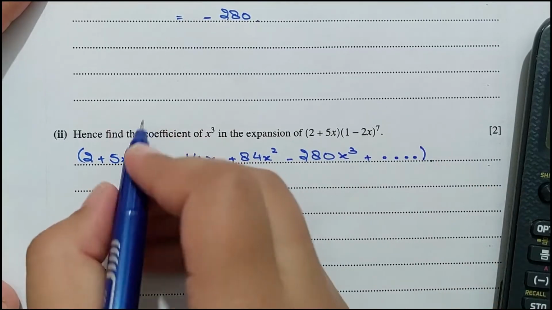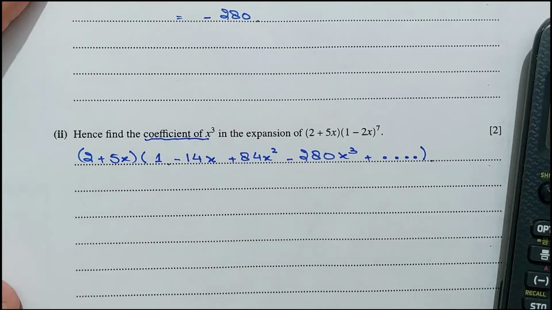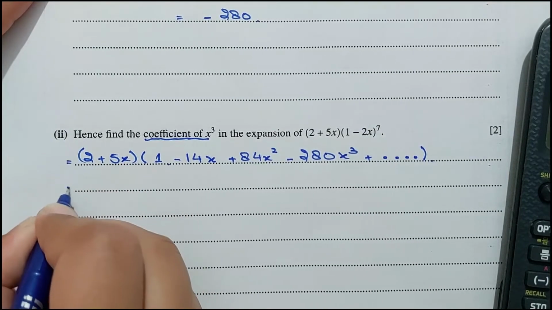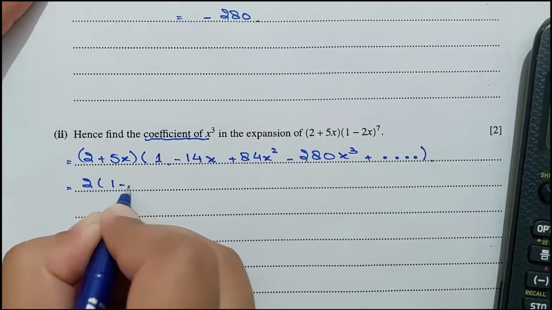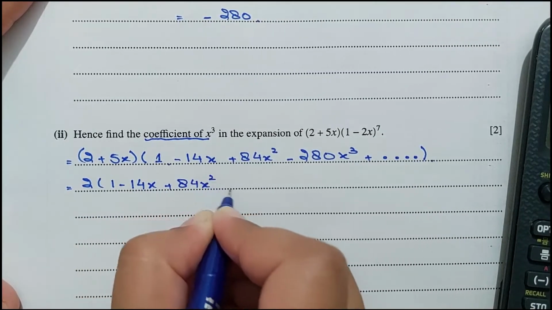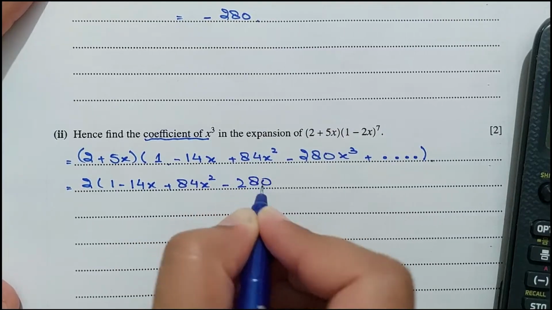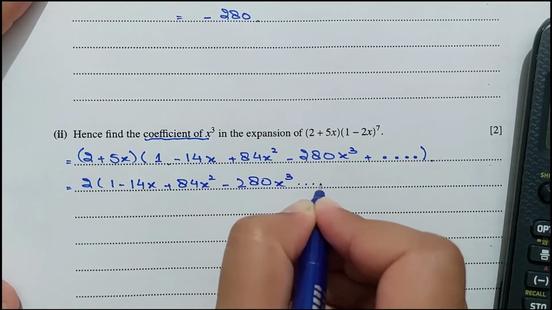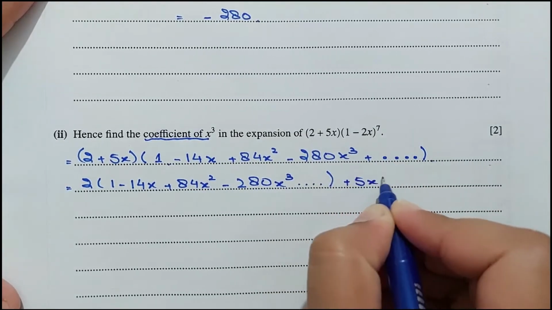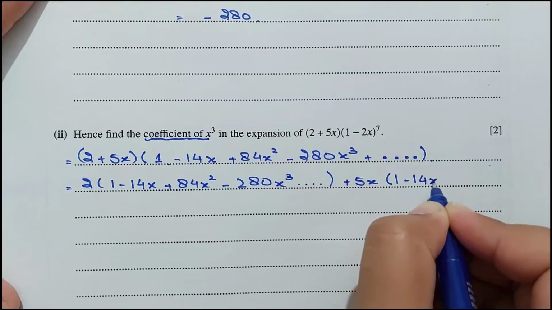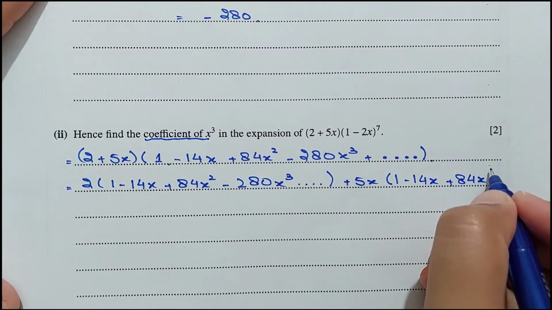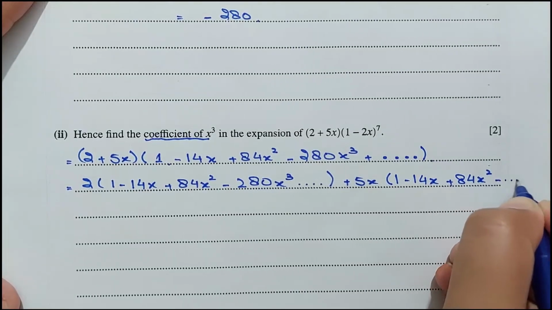All right, we have to find the coefficient of x cube. So when we multiply this, 2 is going to multiply with 1 minus 14x plus 84 x square minus 280 x cube and so on, and plus 5x is also going to multiply with the bracket 1 minus 14x plus 84 x square, and minus, and so on.